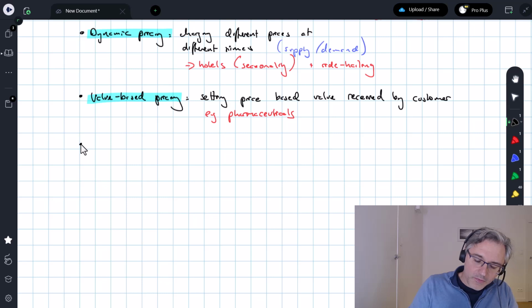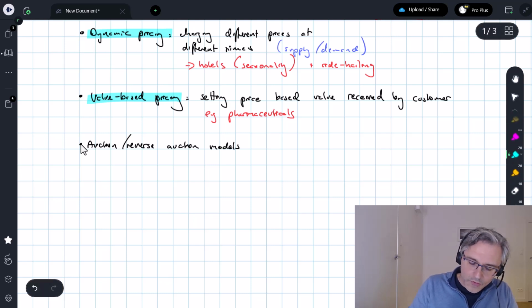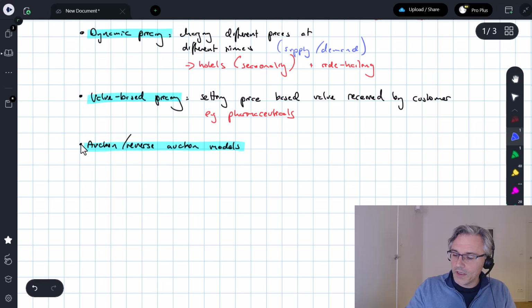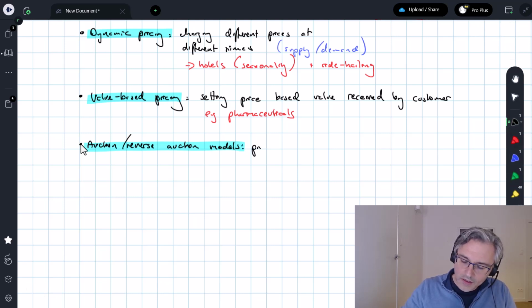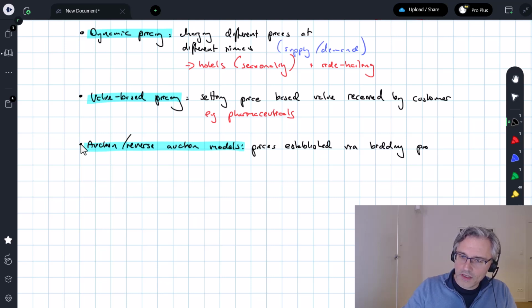And finally, we've got auction and reverse auction models, where the price that you need to pay is established via some competitive bidding process.